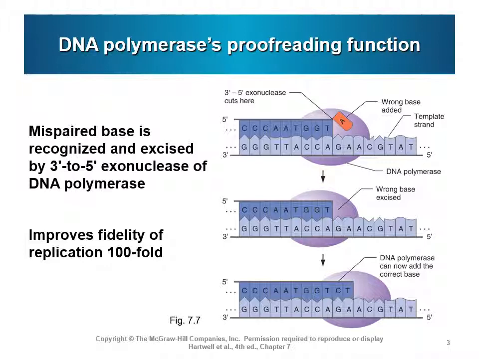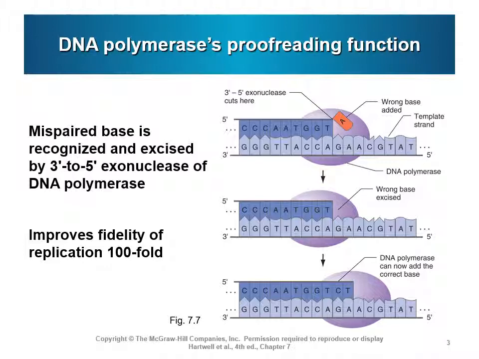It will recognize the mutated base pair, which will be mismatching, and it will cut the phosphodiester bond and replace that mutated base by the correct one, and the DNA will continue building on after that point.